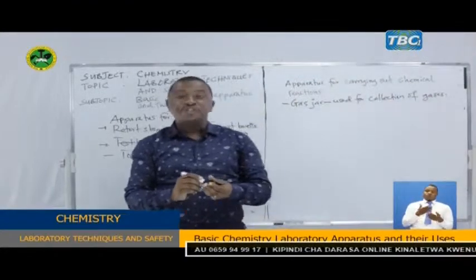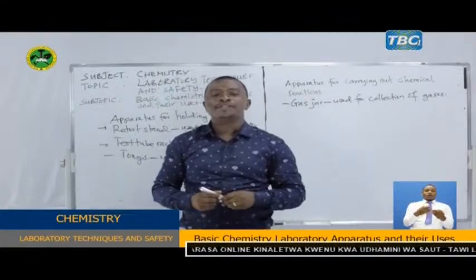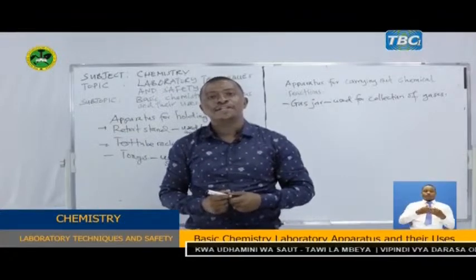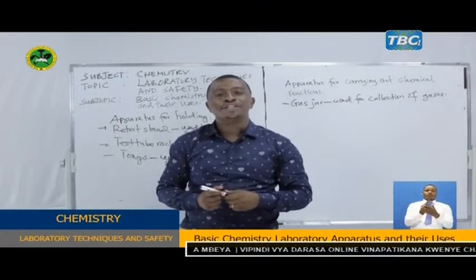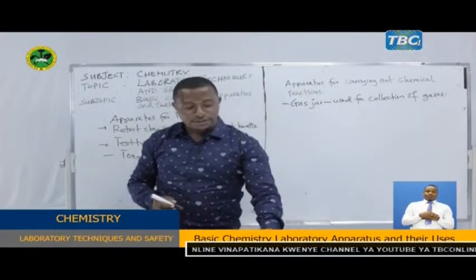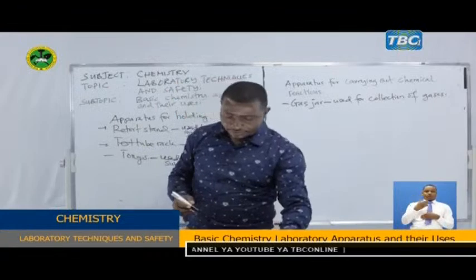Gas jar is used for collection of gases, and also it is used for carrying out some chemical reactions that involve formation of gases, such as formation of oxygen. Oxygen is always collected in a gas jar.